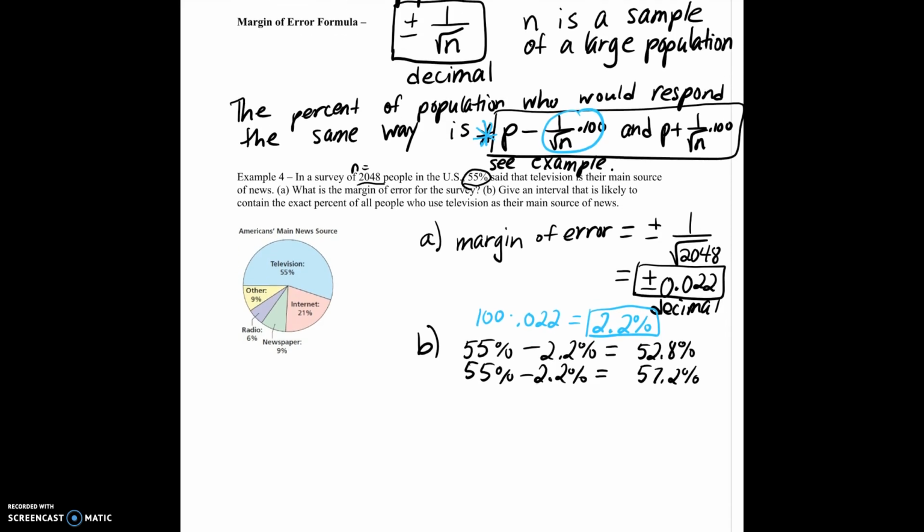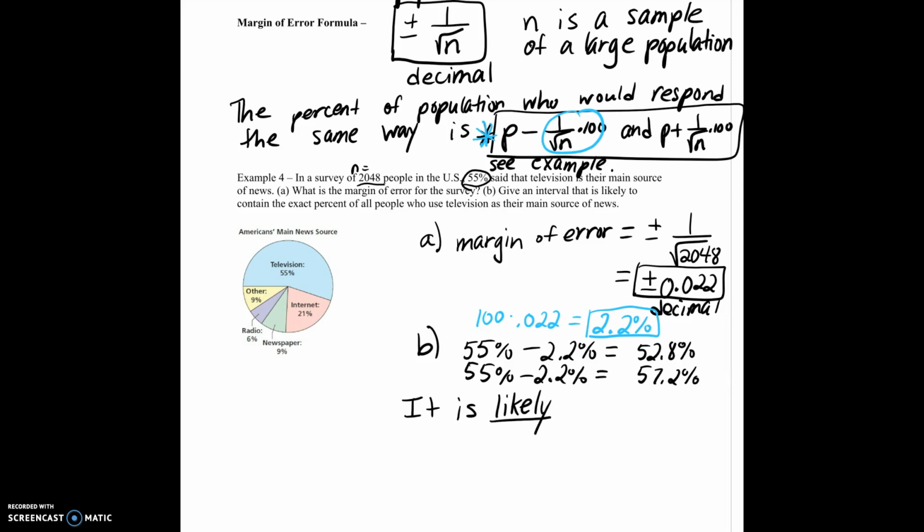And then really all that means, we're just going to write another sentence out. So there's a lot of writing that goes on with this topic, which I know not everyone's going to love. What we're going to write for this is, it is likely, again, there's another word, likely, important words to use.